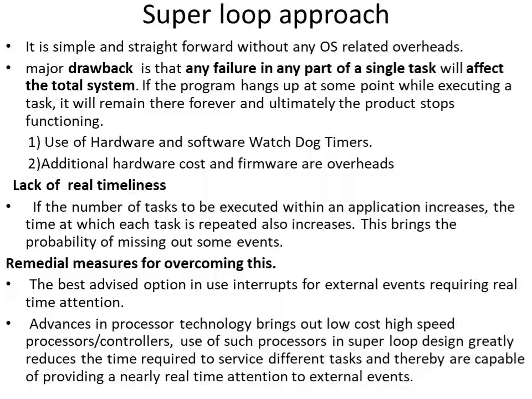If I am executing task 1 and I have some 100 tasks, by the time all 100 tasks are done and you come back to task 1, the time gap is too much. So when this happens, there could be a probability of missing events.